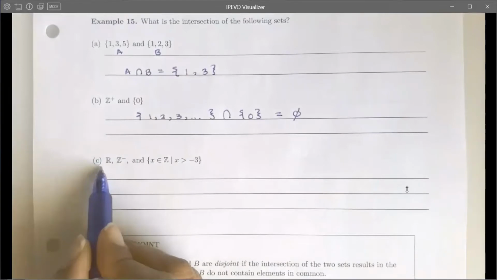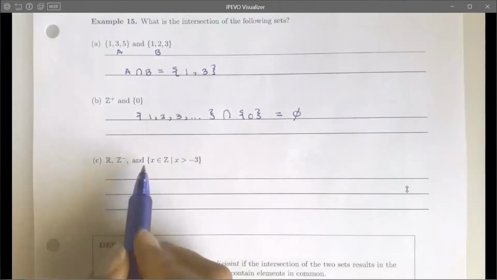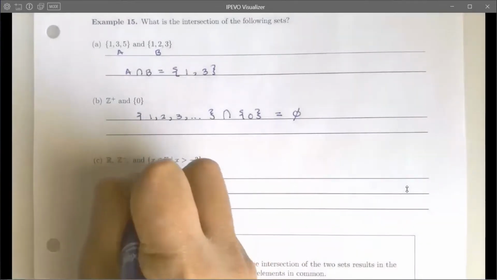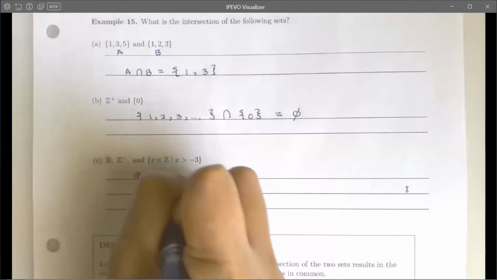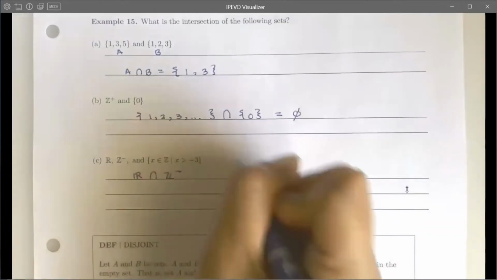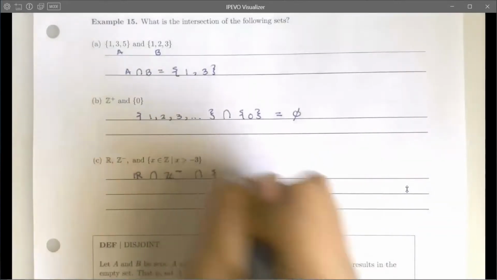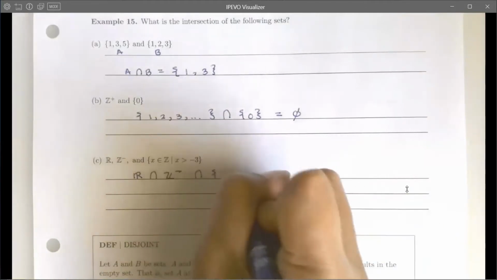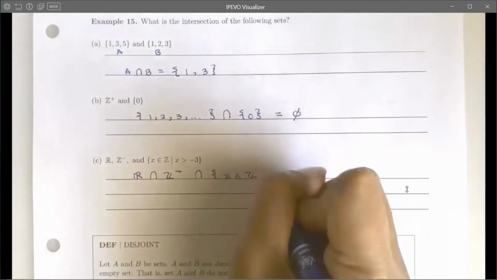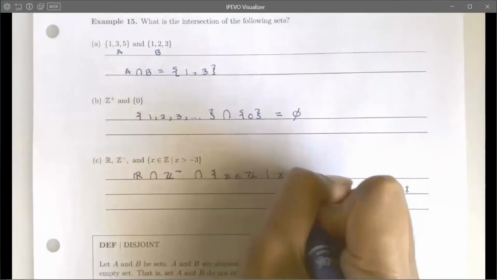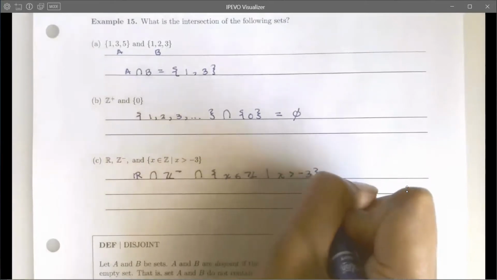And then finally, we have part C, where we're taking the intersection of the reals with the negative integers, and this third set that is defined to be the set of all integers such that the integers are greater than -3.